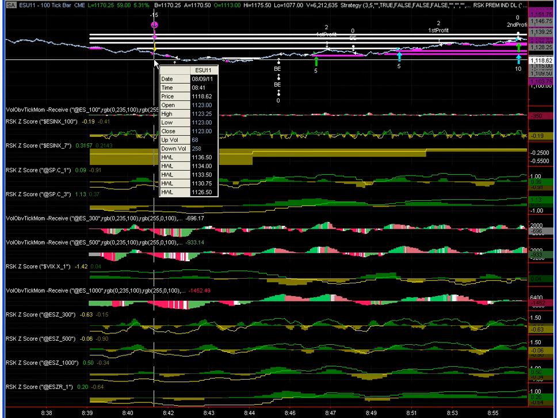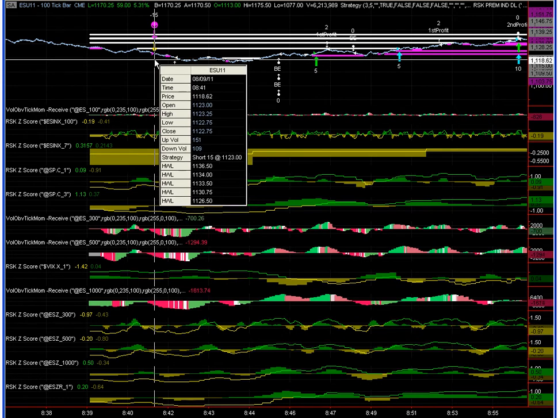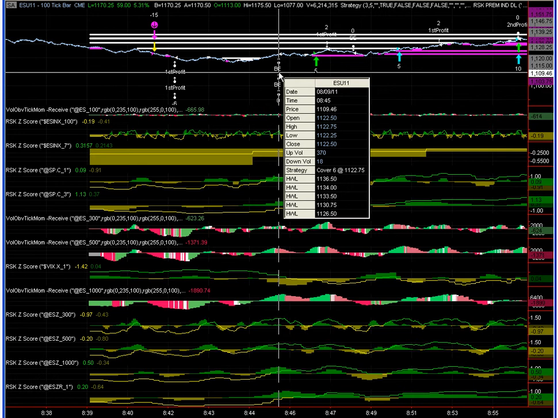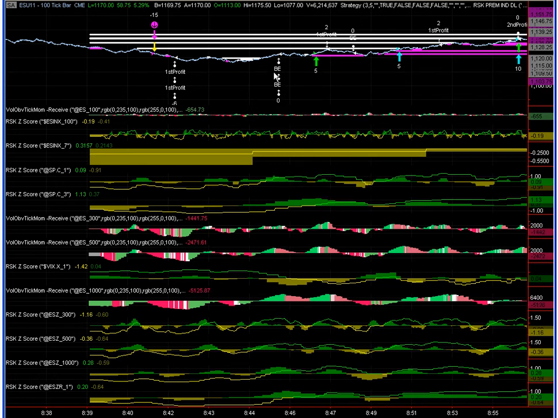So over here you can see, if we can line it up, the short took place at 11.23 and the break even at 11.2275, 1 tick from our entry.